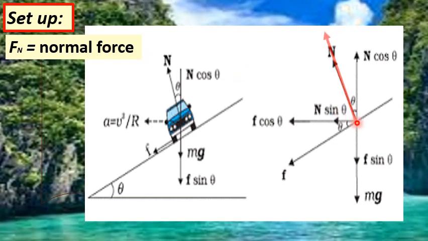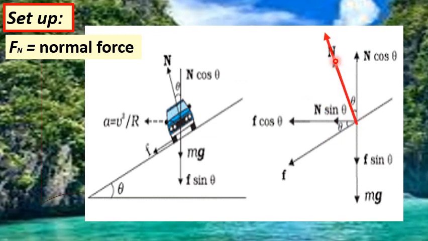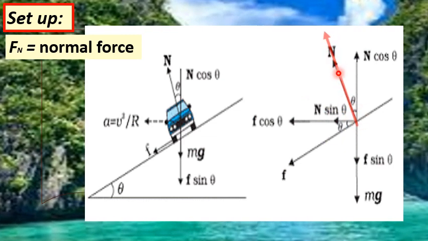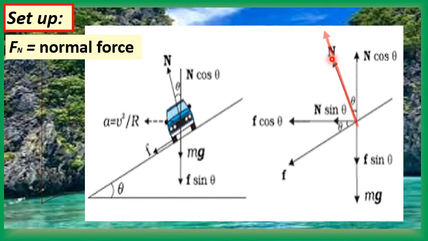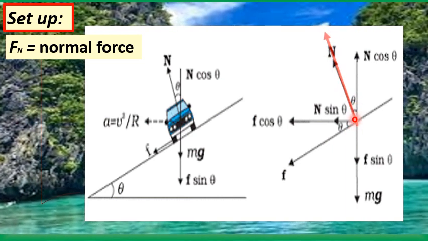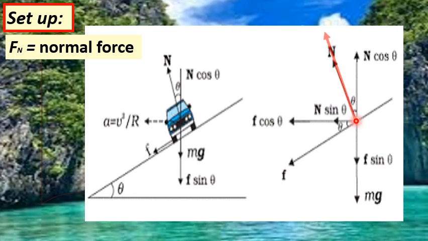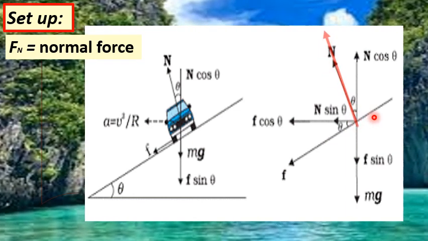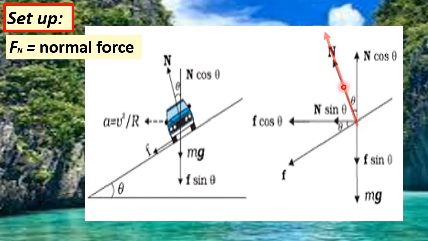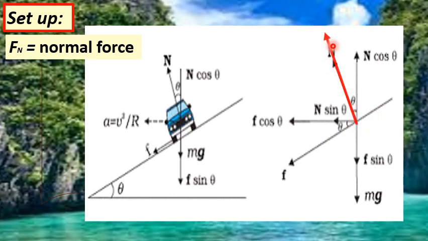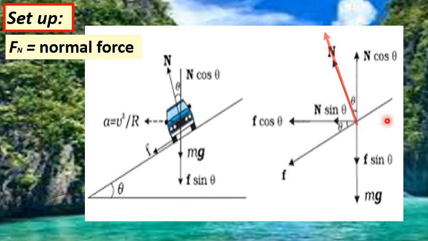As the word normal force suggests, it is the contact force exerted by the road on the car perpendicular to the surface of the road. And that is represented here by the red arrow.